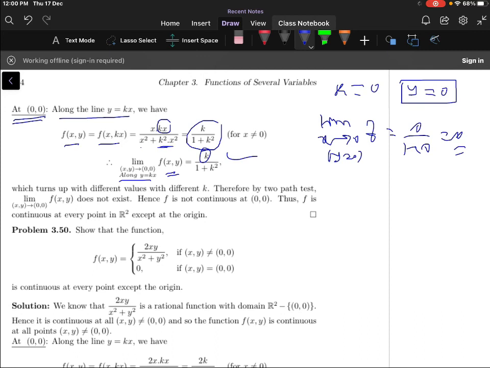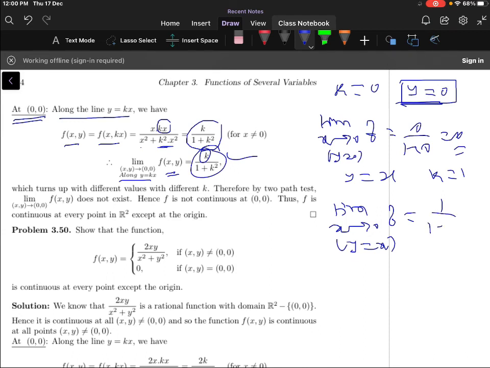The limit is 0 along the path y is equal to 0. Now along the path y is equal to x, let us take k is equal to 1. The limit as x approaches 0 along the path y is equal to x of the function f is 1 by 1 plus 1 square, that is 1 by 2.